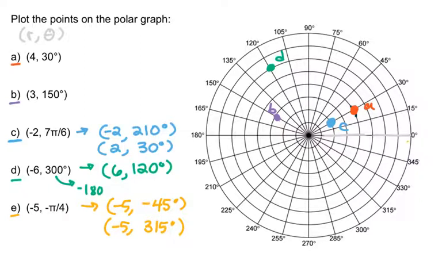Now, if I want to turn that radius positive, I will add or subtract 180 degrees. If I subtract 180 degrees, that takes me to 135 degrees. So I'm counting out 5 rings on the 135 degree line. 1, 2, 3, 4, 5 is right there.